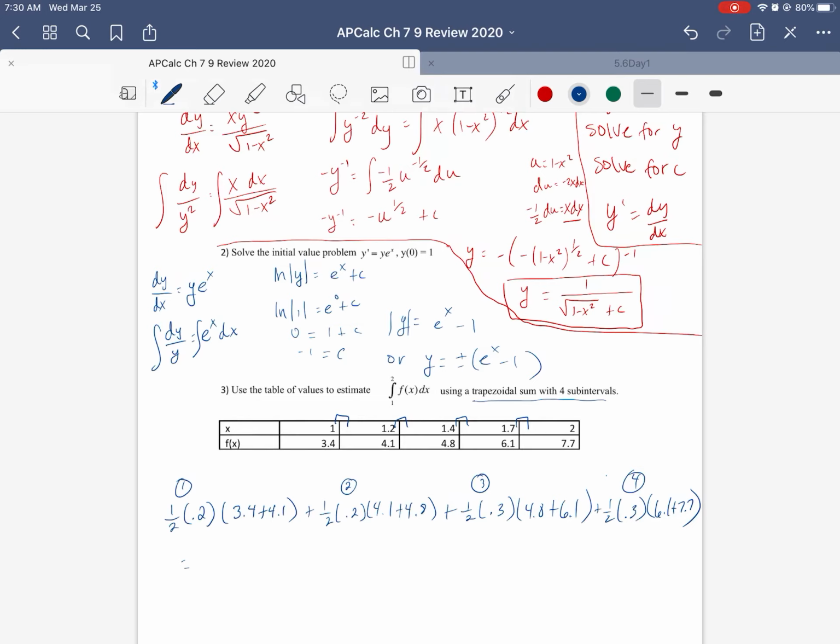So I have 1/2 times the 0.2 times 0.4 plus 4 plus... If you notice, just like the formula asks, each of those interior heights are used twice, and the exterior heights at the far left and the far right are only used once.